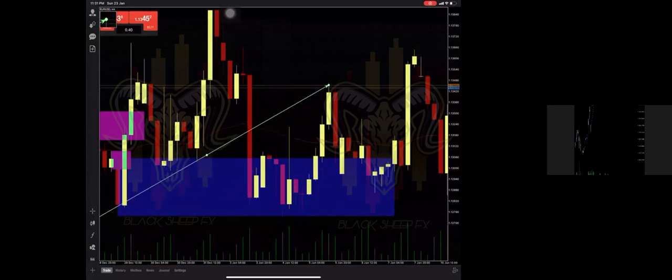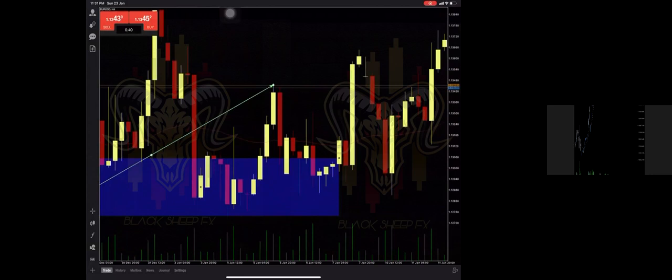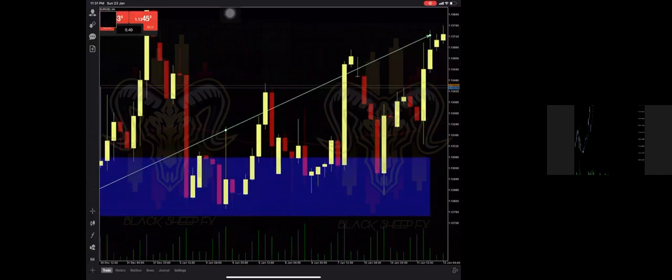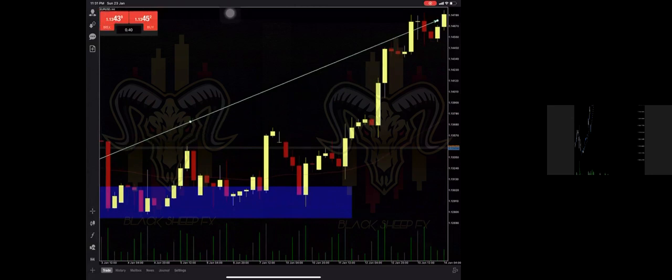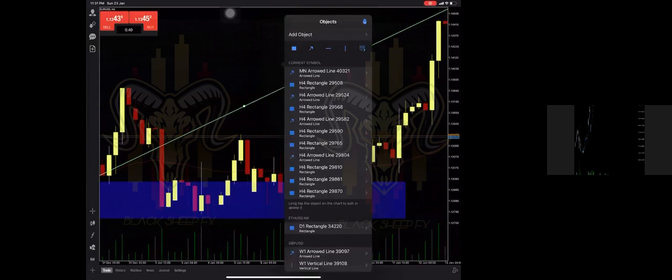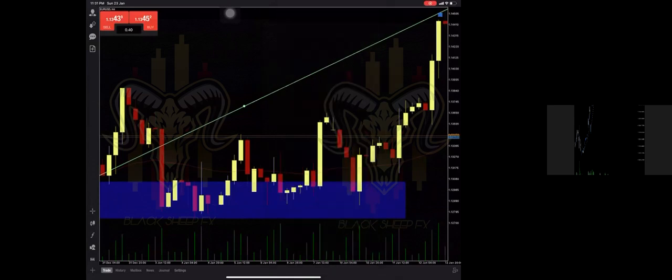Boom, fly. Comes back in, boom, fly. Comes back in, boom, fly. Because as it was playing in the strong engulfing buy zone, it kept building more engulfing buy.